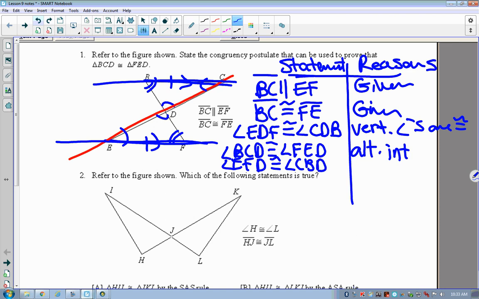And the reason for that is if two angles, then three angles. If I know that two angles of a triangle are congruent to two corresponding angles of another triangle, then their third angle has to be congruent because there's a limited number of degrees. In fact, there's an exact number of degrees.